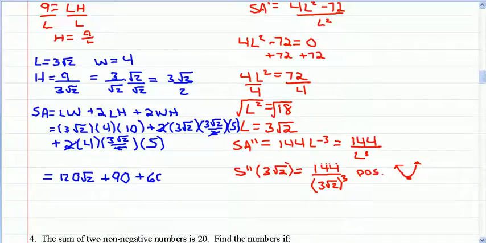Plus 60 root 2. And if I add 120 root 2 plus 90 plus 60 root 2, I get 344.56. So the minimum cost is $344.56.